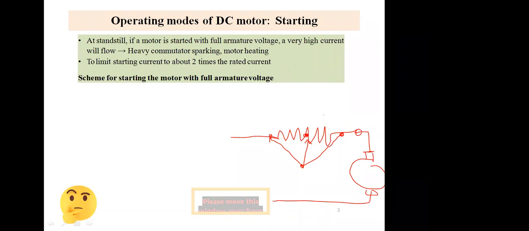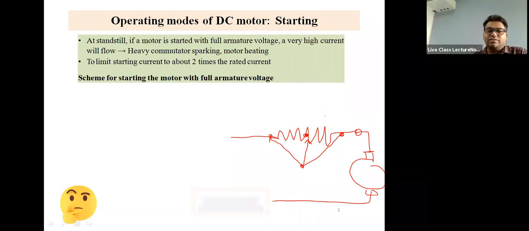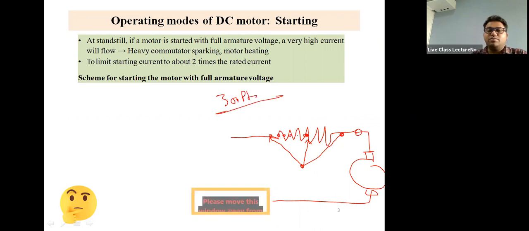So I think that's the reason why it's called a 3-point starter. You may have a 300-point starter also, but that would be a waste of time, right? Because this resistance is active for only hardly a second, so it doesn't matter so much.